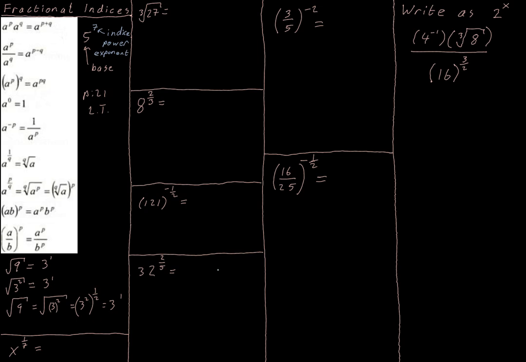Because if we take this here, rewrite this. If we multiply our powers like we know from our power rules already, we'd have 2 times a half, which is 2/2, which is 1. So we end up with 3 to the power of 1, which we know logically must be the answer. So again, the square root means the same thing as power of a half.